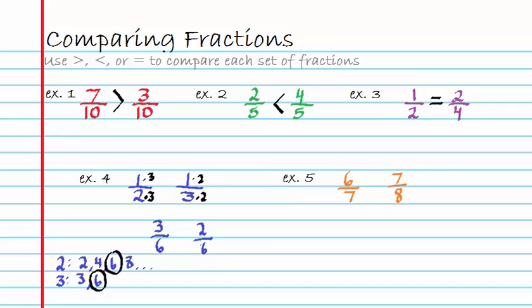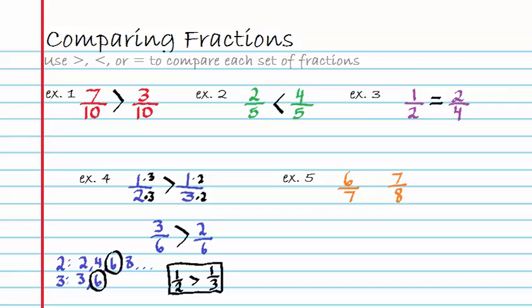So now I'm comparing fractions with like denominators. So this is much easier. 3 is greater than 2. So 3 over 6 is greater than 2 over 6. So I should use a greater than symbol when comparing 1/2 and 1/3. So 1/2 is greater than 1/3.